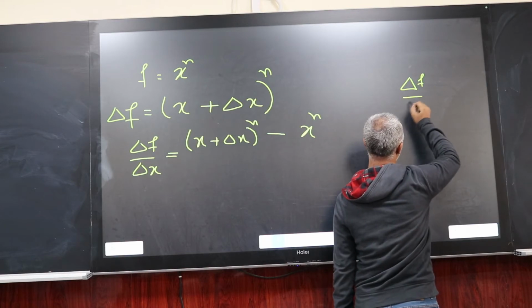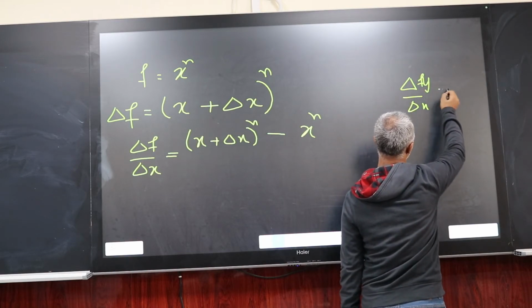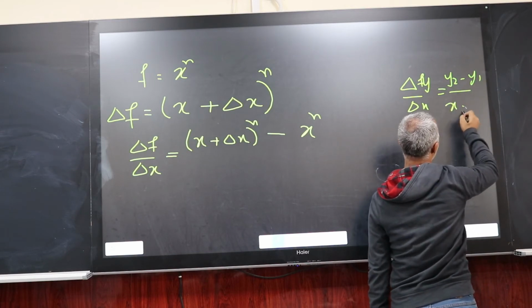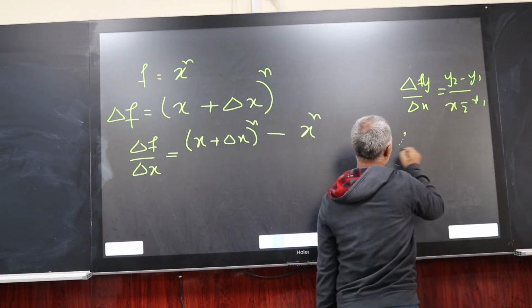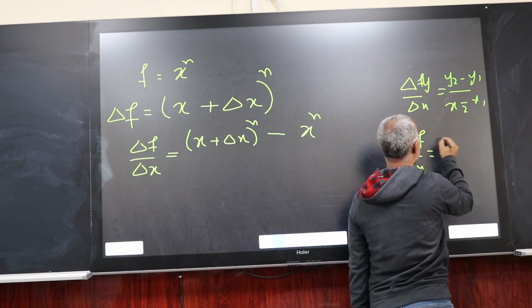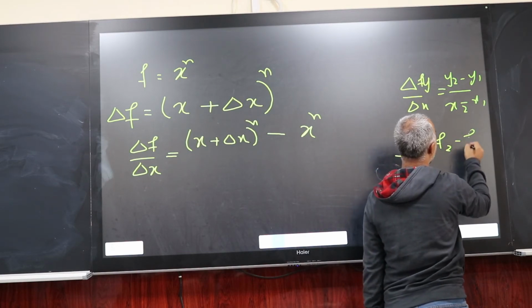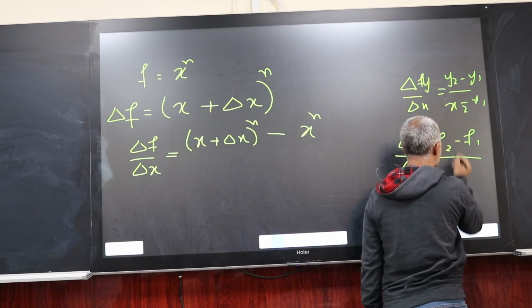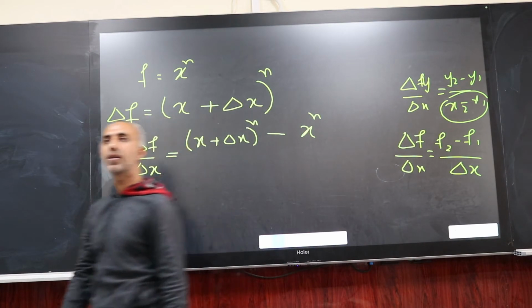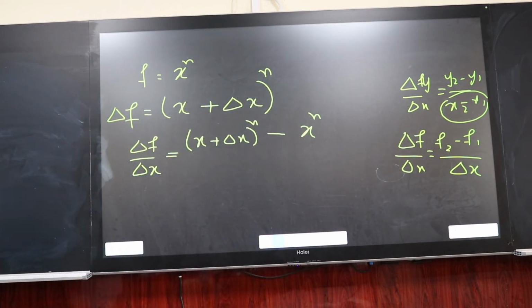Delta f over delta x is y2 minus y1 over x2 minus x1. In the form of function, you can express f2 minus f1, and this remains the same, that is delta x. Is it okay or not? Noor? Not happy?